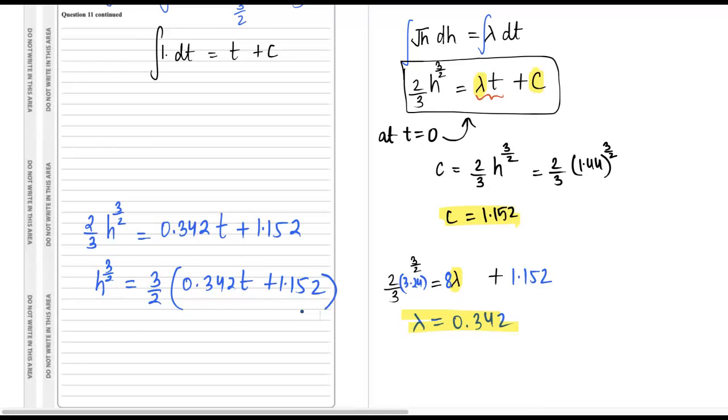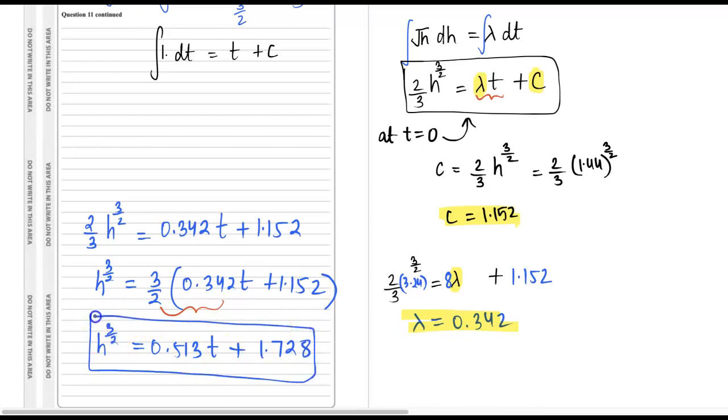So it is 1.5 times 0.342, that gives me 0.513 t, plus 1.5 times 1.152, that gives us 1.728. So h to the power 3/2 is equal to this value, right?